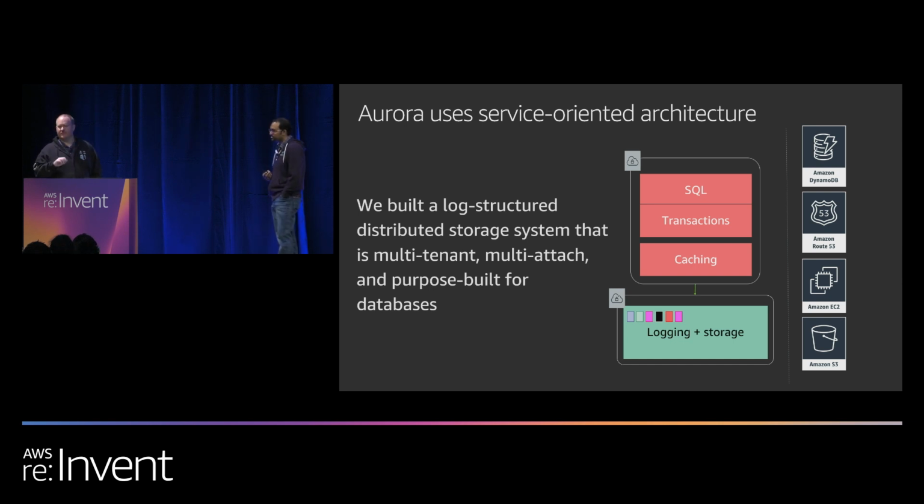Some of you may have heard we have this purpose-built database strategy, meaning we have databases that are purpose-built for certain access patterns. This is a great example where metadata management is a perfect example of using a key value store, right? So DynamoDB is the best choice for us to manage metadata. It's a better choice than using Aurora itself because it is a key value problem.